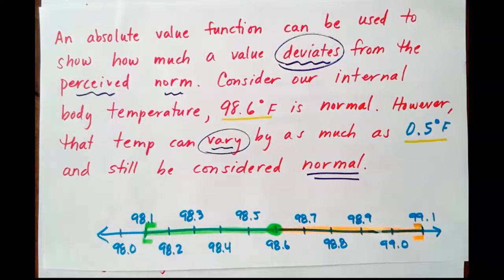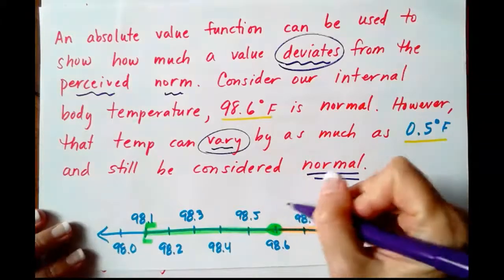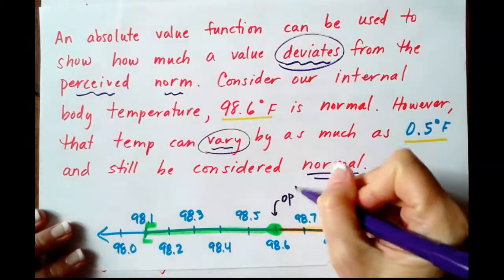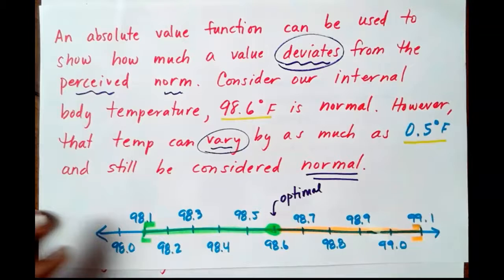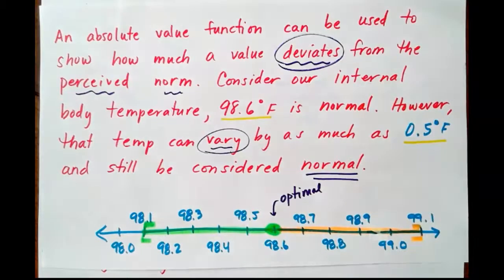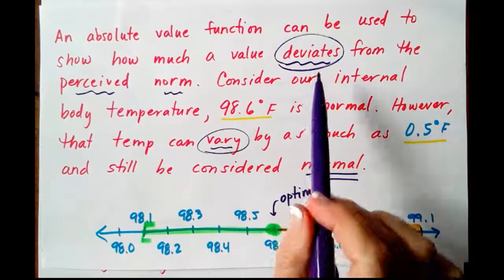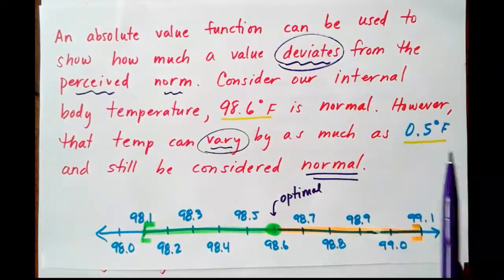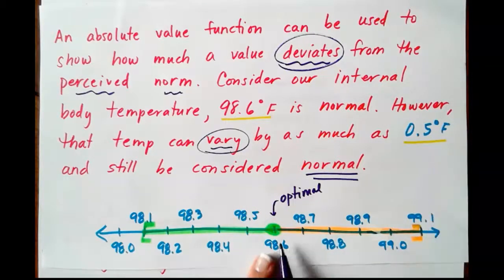So here is the number line, and here's optimal right here in the middle. So optimal at 98.6, but according to this information, it can vary or deviate 0.5 degrees to the right or to the left.